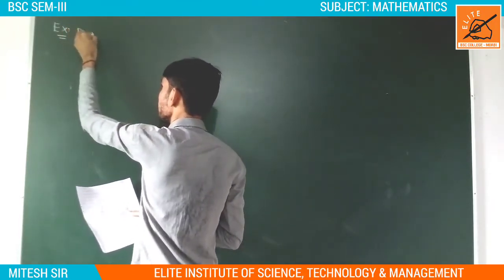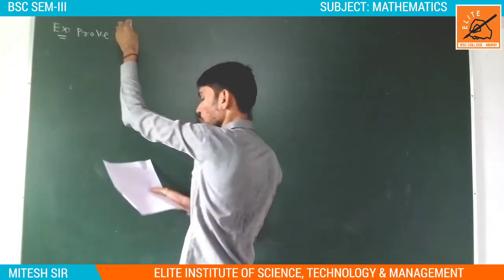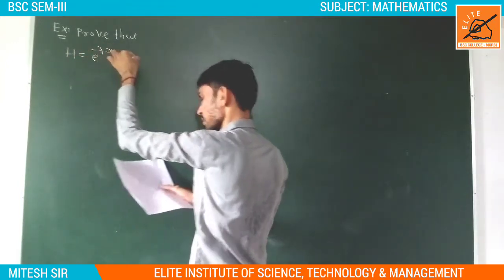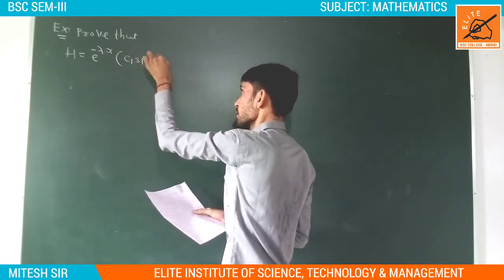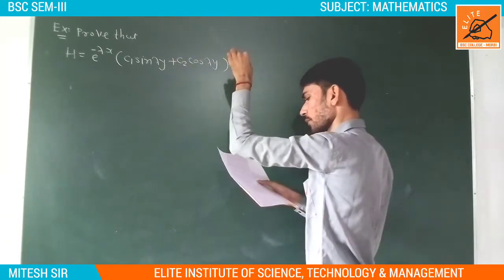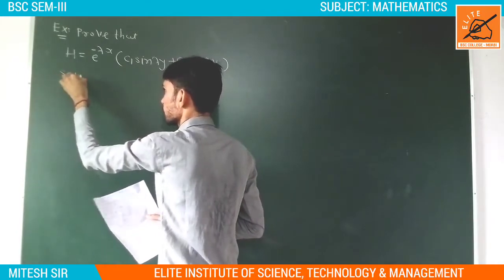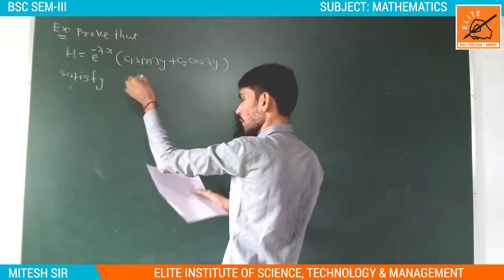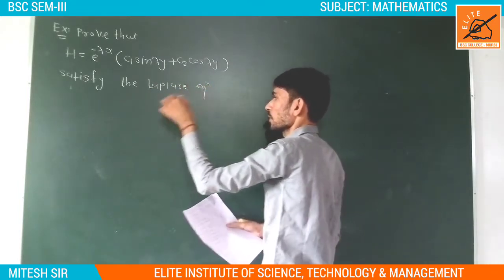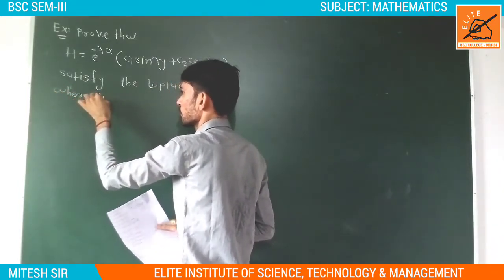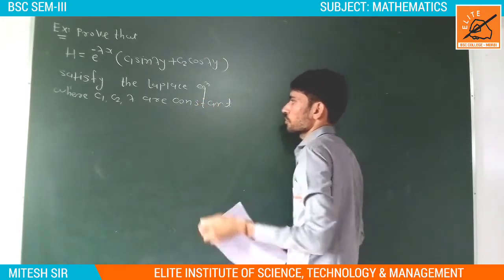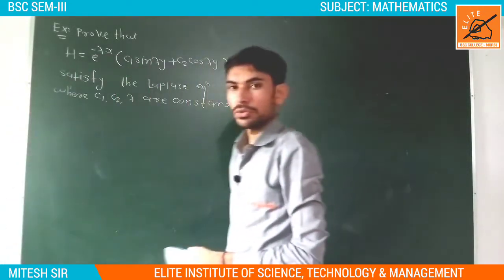Prove that we are given capital H is equal to e raised to minus lambda x in a bracket c1 sin lambda y plus c2 cos lambda y satisfies the Laplace equation, where c1, c2, lambda are constants. So this is our next question.